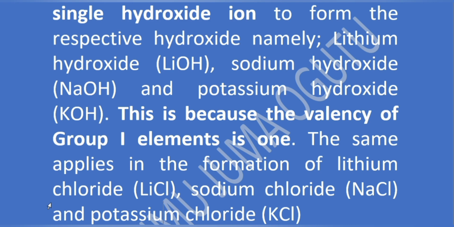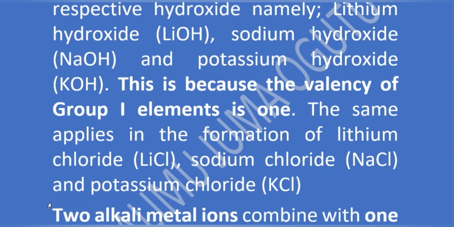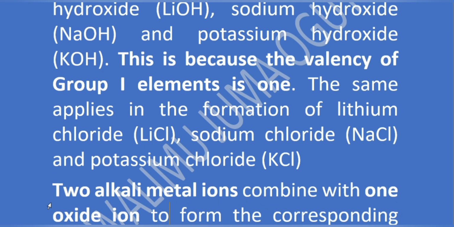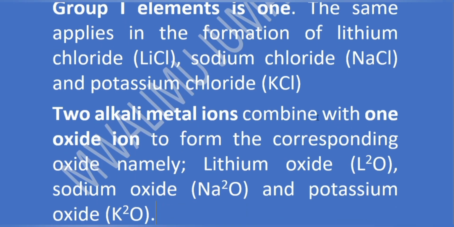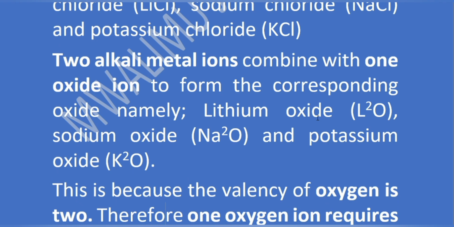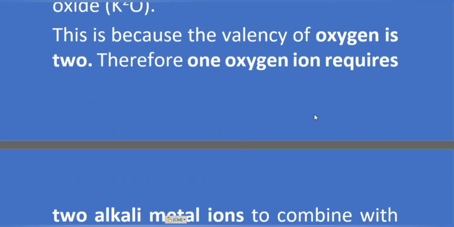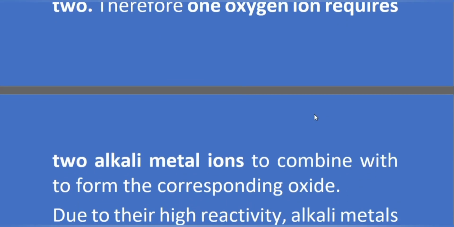So you have lithium hydroxide, sodium hydroxide, potassium hydroxide. This is because the valency of group 1 elements is 1. When the valency is 1 and that of hydroxide is also 1, the same applies in the formation of lithium chloride, where chloride has a valency of 1 and the alkali metal is also 1.